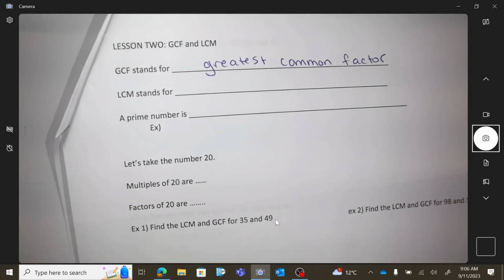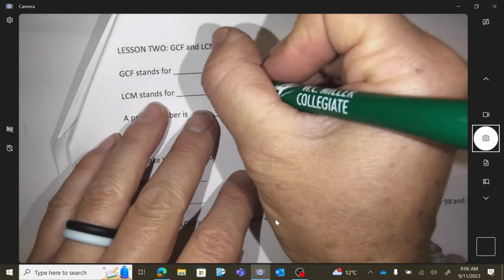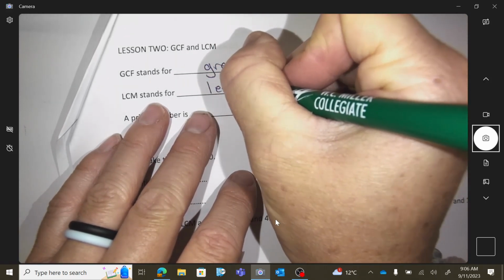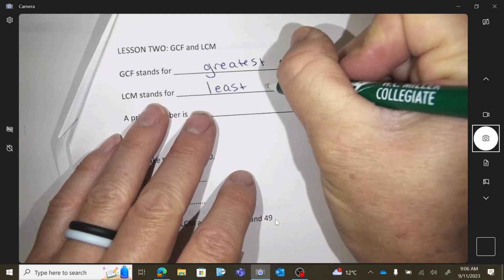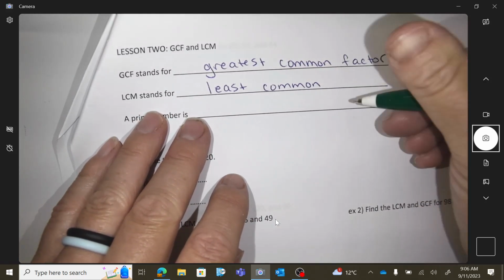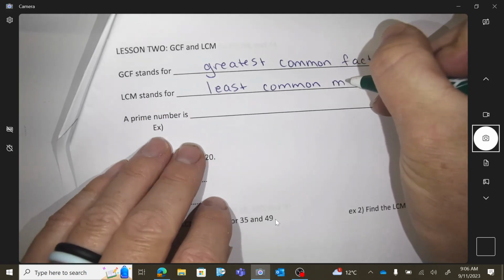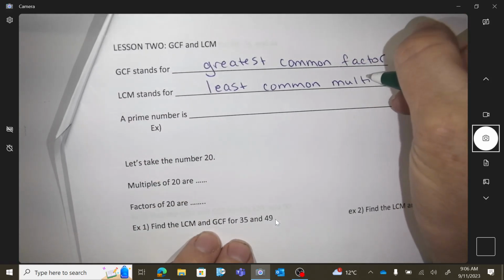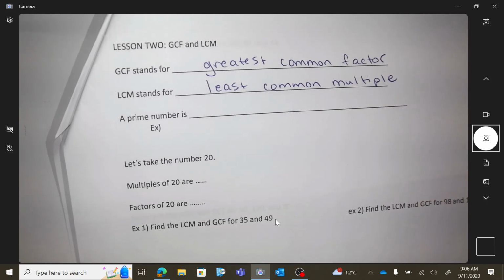And LCM stands for least common multiple. Yeah. So those are some words you're going to have to know: GCF, LCM, and a prime number. You're going to have to know what a prime number is when we do this lesson.